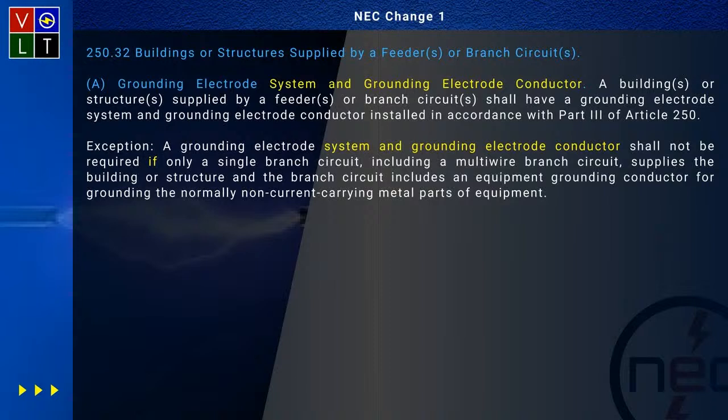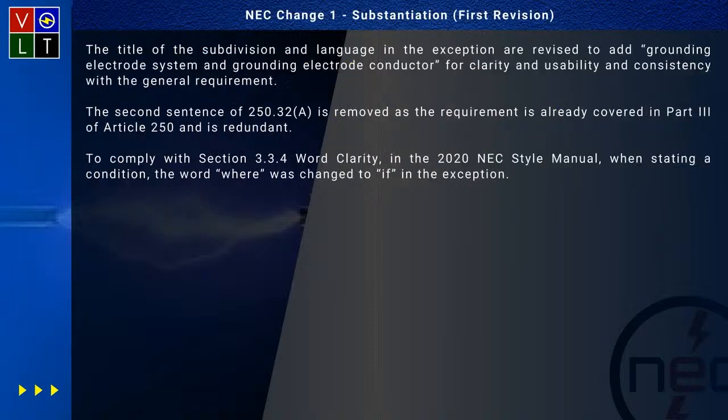So now it recognizes that for existing installations, but for new installations, you don't do that. I'm just explaining why this clarity is here: it's for usability and consistency with the general requirement in 250.32(B).